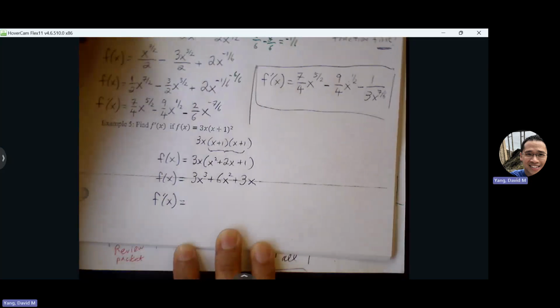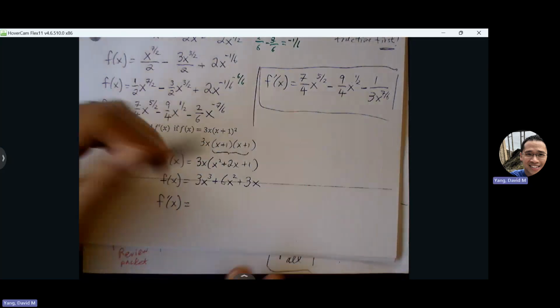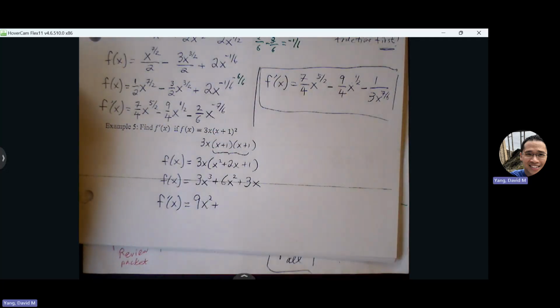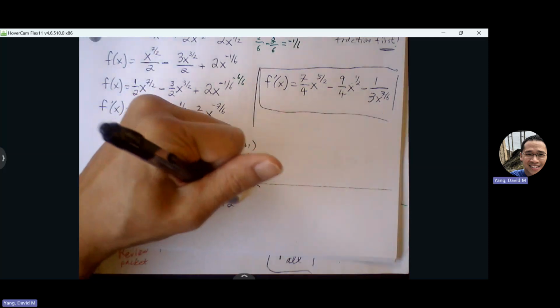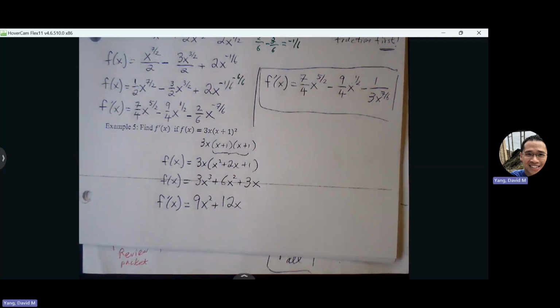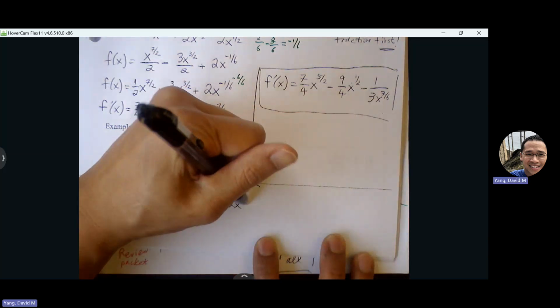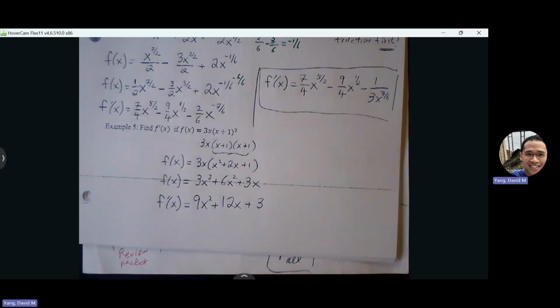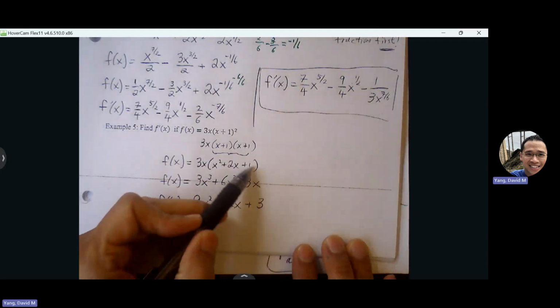What does 3x cubed become? X squared. Okay. What does 6x squared become? 12x, okay. What do you think 3x turns into? 3x becomes just 3. Think of this as a linear function, right?